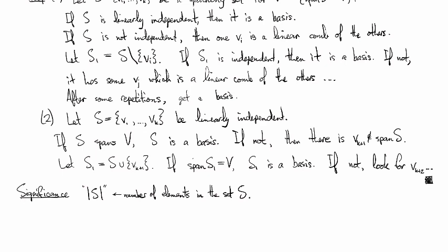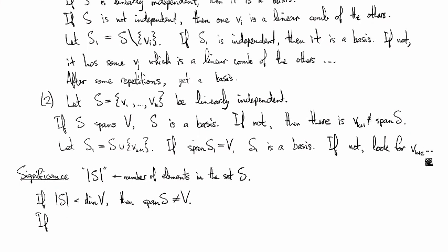So the significance of the dimension is that if the size of S is strictly smaller than dim V, then it cannot be a spanning set. It doesn't have enough stuff. If the size of S is strictly greater than the dimension of V, then S cannot be linearly independent.